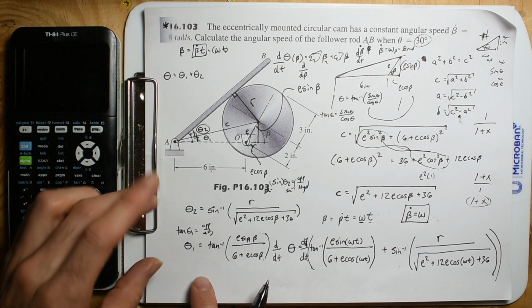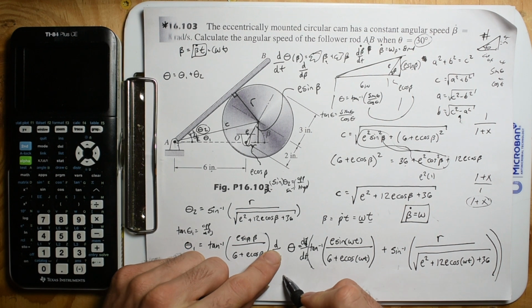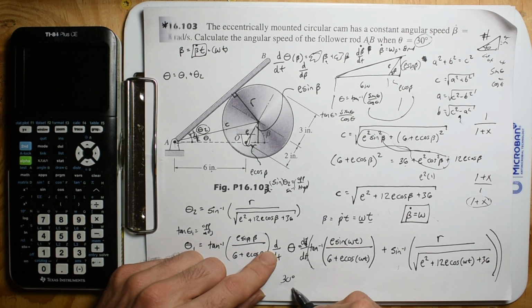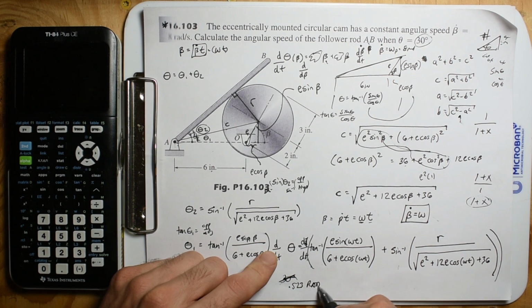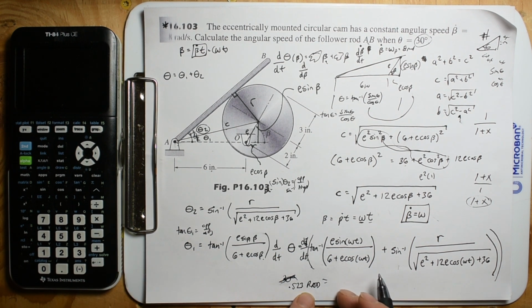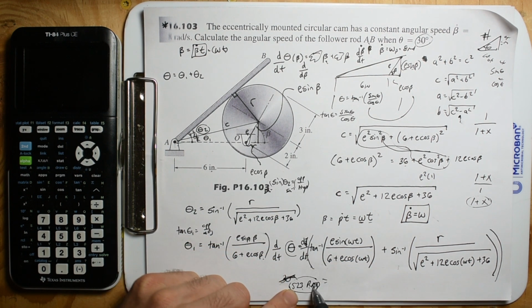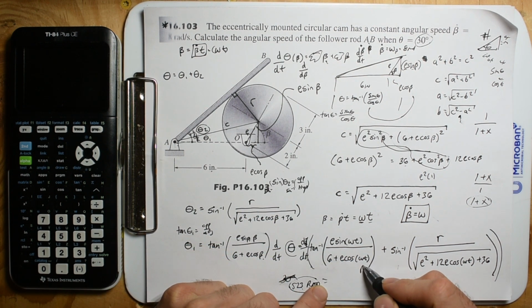Well, we have an equation for theta. It's right here. We just haven't taken the derivative. So they want to know when theta is 30 degrees, which is about 0.523 radians. What we need to do is put in theta as 0.523 and then find what beta is.